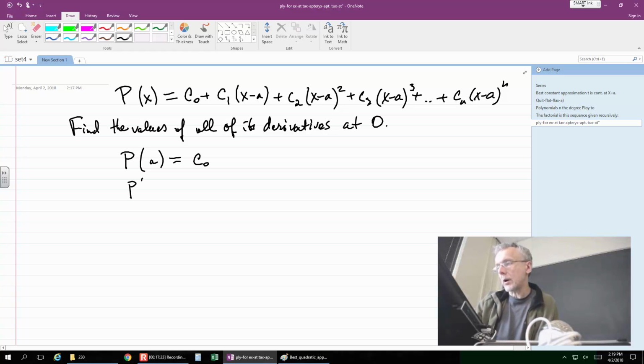P prime of x is equal to c naught plus... c naught is gone, so I have 0 plus c1.